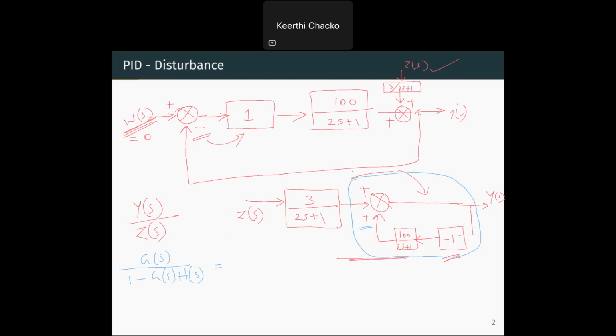So G(s) is 1 and H(s) is minus 100 by 2s plus 1. So it will be 1 plus 100 by 2s plus 1. When we reduce this, we will get 2s plus 1 divided by 2s plus 101.